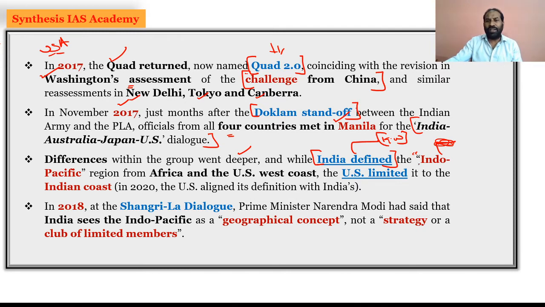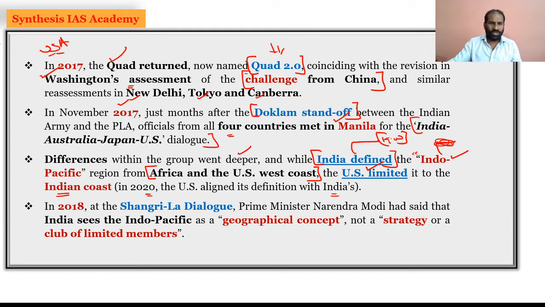India was defining the Indo-Pacific region from Africa and the US to the west coast, but the US limited it only to the Indian coast. Please do understand, only to the Indian coast. And then in 2020 the US aligned its definitions with India.